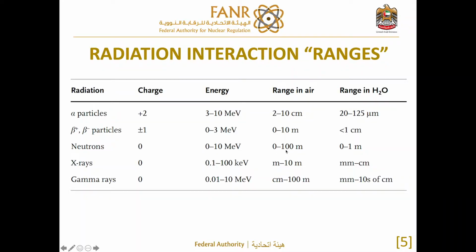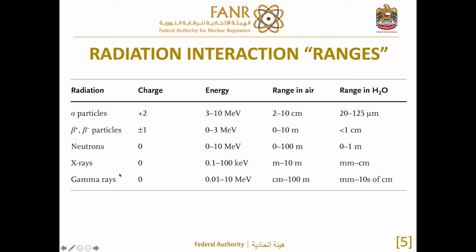So they span several decades of energy. It's very difficult to just give an indication of one parameter, so the range is quite large. As you can read here, in air, they can travel meters, 100 meters even, and in water, they travel much less, a few tenths of centimeters up to a meter.